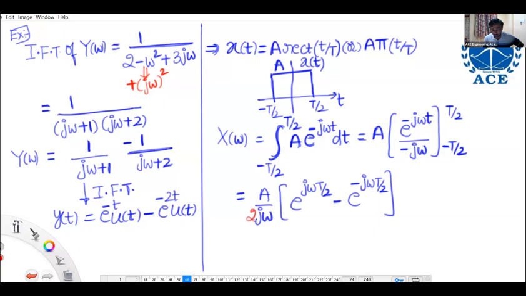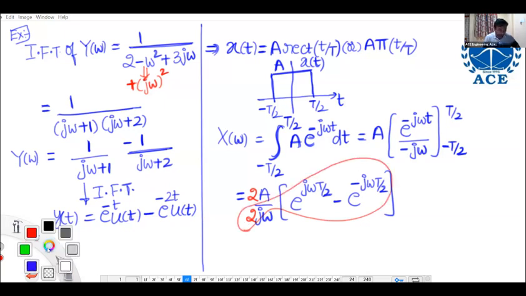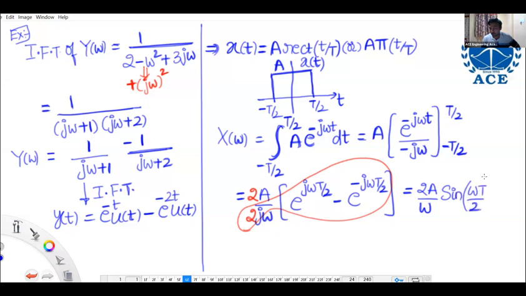If you have e power j theta minus e power minus j theta divided by 2j, that means a sine term, or not? So further the answer is 2A by omega sine of omega T by 2.